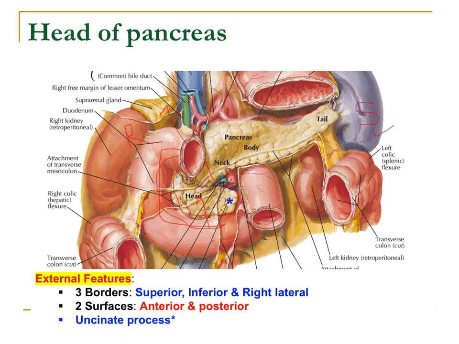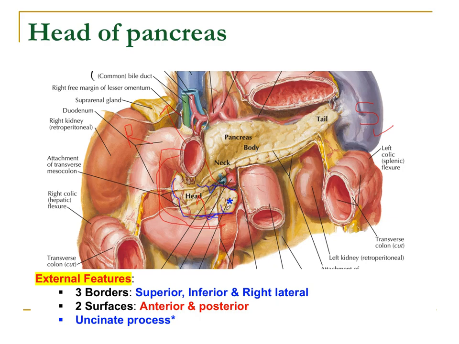This one is the right lateral border. And this lower part is the inferior border. So superior border, inferior border, and right lateral border. So there are three borders and two surfaces, the anterior surface and just behind it the posterior surface.